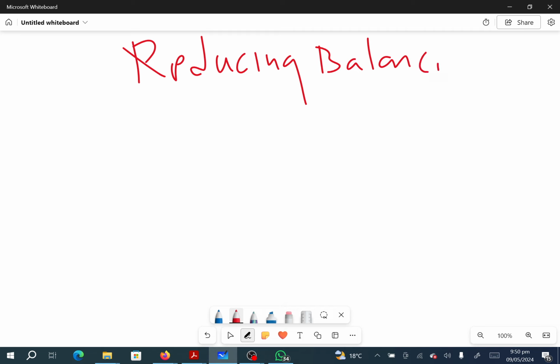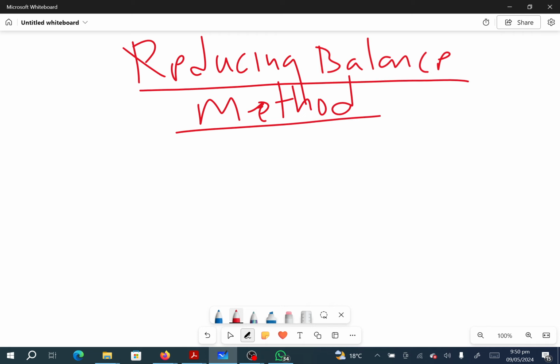When we talk of reducing balance method of depreciating assets, we are simply saying the balance which is carried forward keeps on reducing. And this is why we are calling it the reducing balance method.